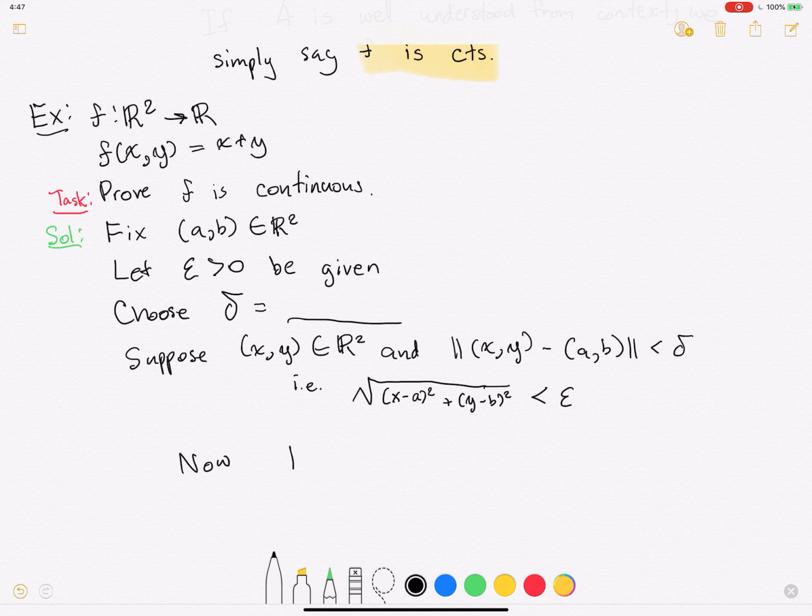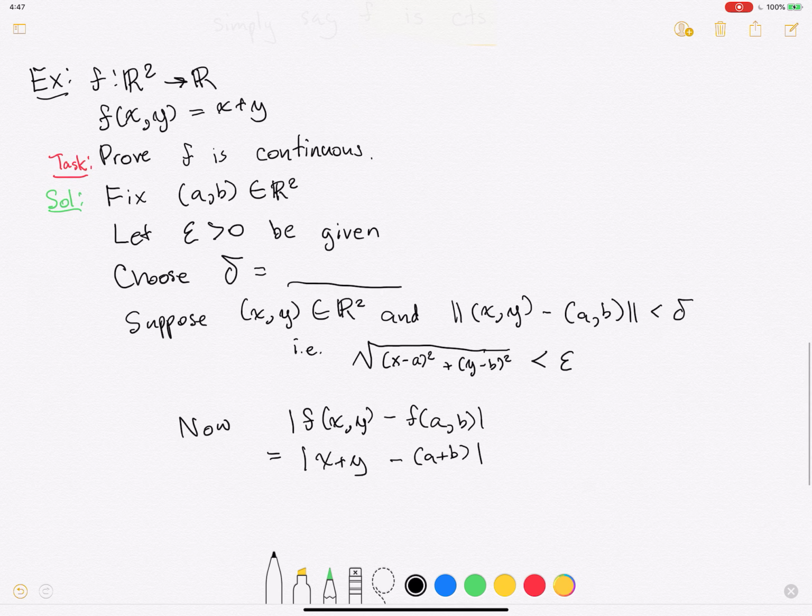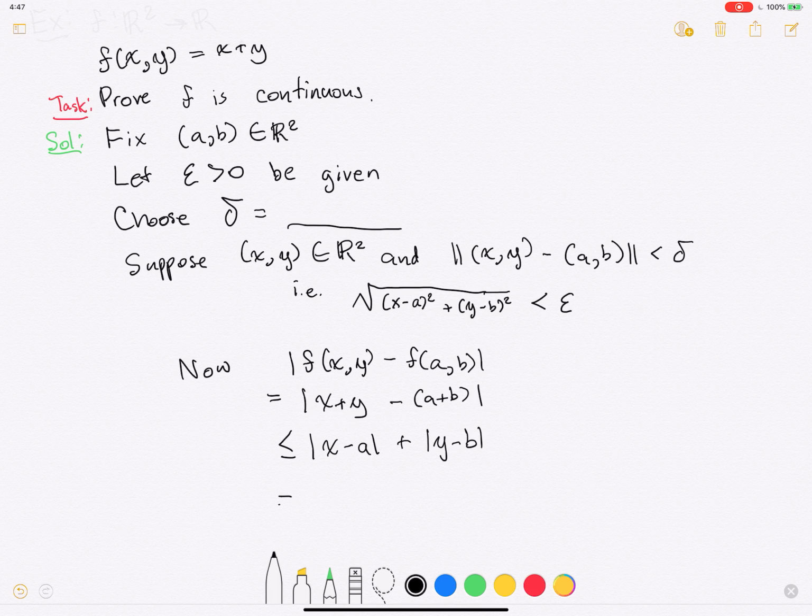Now if we do f(x,y) minus f(a,b), that is just x plus y minus a plus b. And if you use the triangle inequality, you get the absolute value of x minus a plus the absolute value of y minus b. And that is equal to the square root of (x minus a) squared, because an absolute value can be written as the square root of a square, and the square root of (y minus b) squared, since you can just do that.